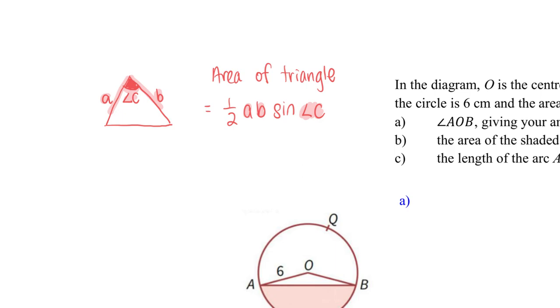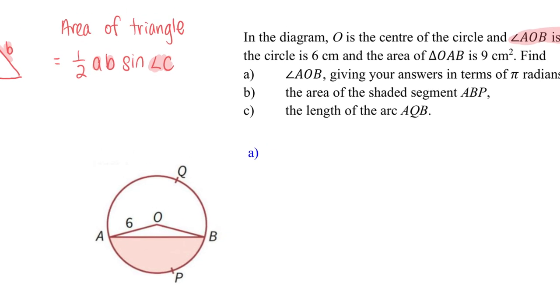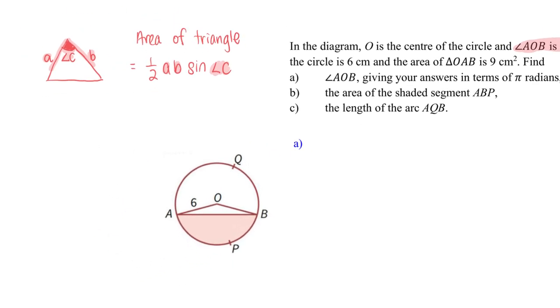Because they give me 9 cm squared, for part A, you will see Mr. Tan applying this formula to help us find the angle AOB.